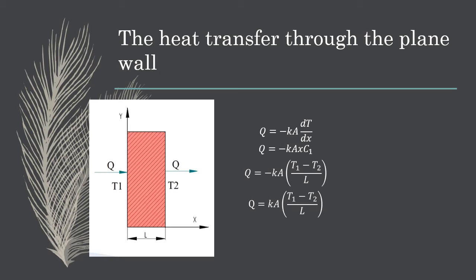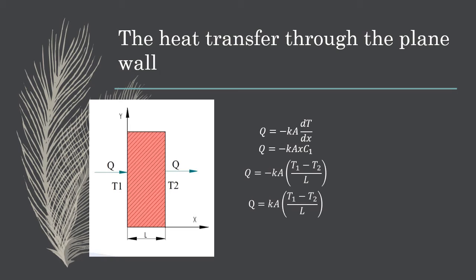Then we use the Fourier law, that is Q is equal to minus KA dT by dx. Taking a constant C1, we change the equation to the form Q is equal to minus KA times C1.